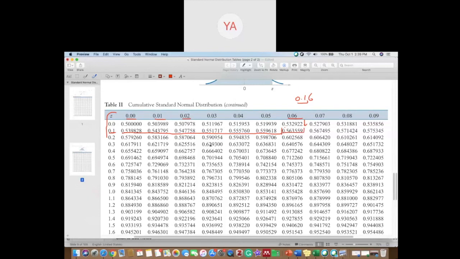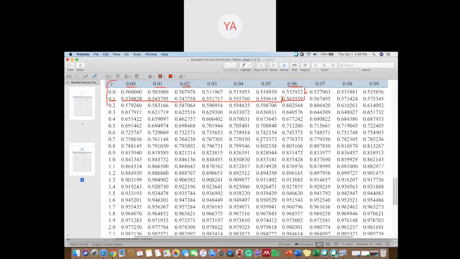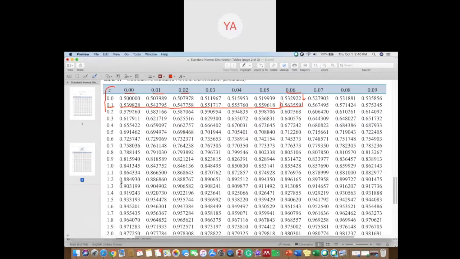Now let me take some more examples here. If you are interested to find out, let's say, for 1.9, so I go to my z column, and I will go slightly down here. So I'm interested in 1.9 here. So I go back to my table here. This is my 1.9.